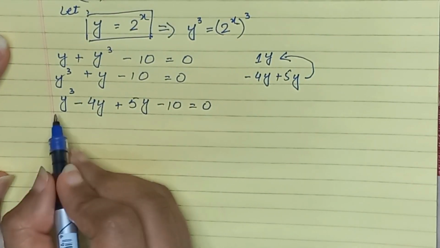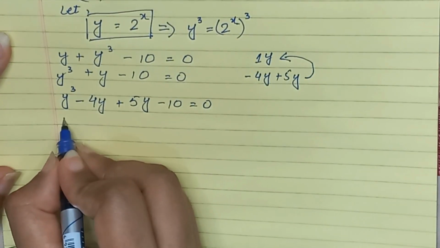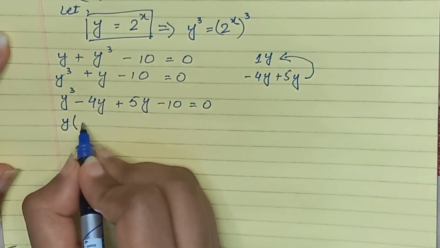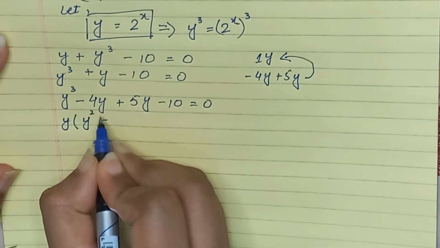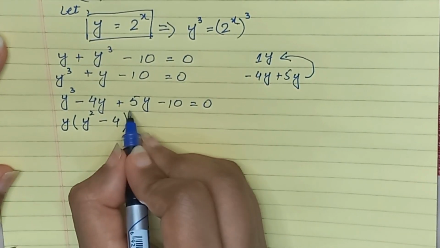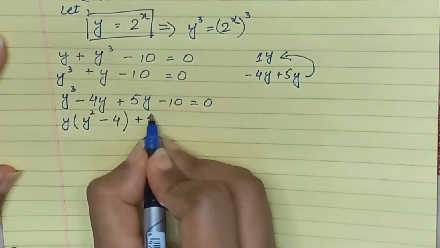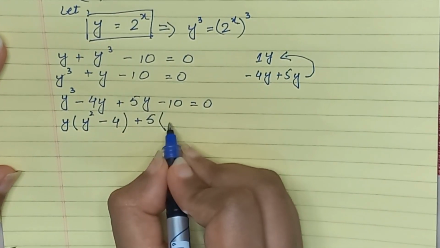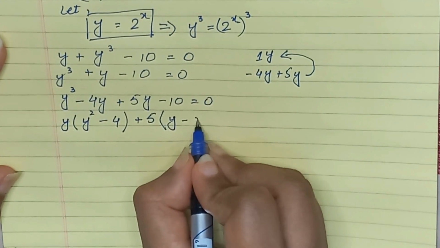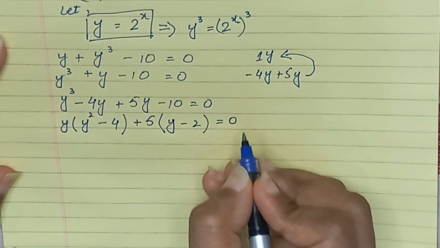Now we have y common in the first two terms, so we will take y as common. Now y cube divided by y is y square and 4y divided by y is 4. And from here we have 5 common. 5y divided by 5 is just y and 10 divided by 5 is 2, which is equal to 0.